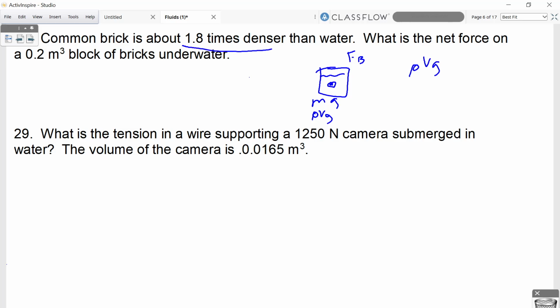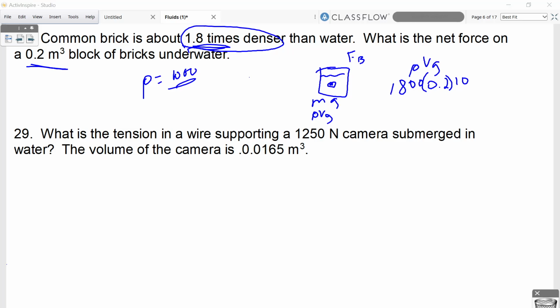Common brick is 1.8 denser. So water, the density of water is 1,000. And so if the density of water is 1,000 and this brick is 1.8 times denser, it would be 1,800, right? They're giving us our volume and gravity.